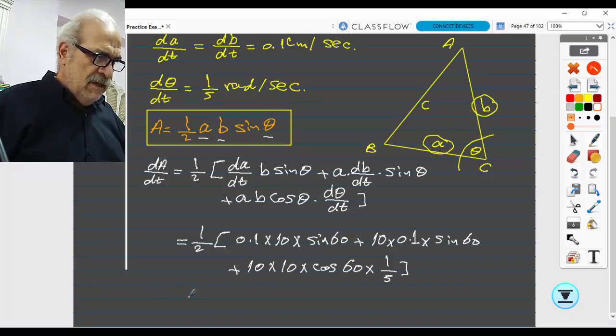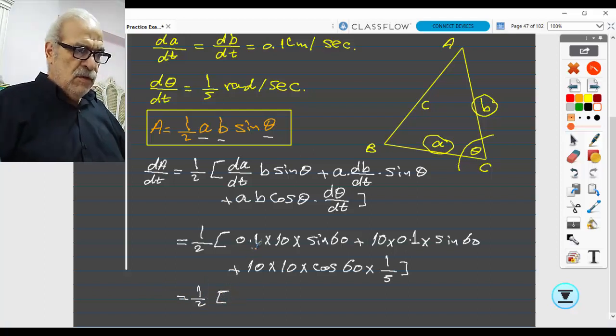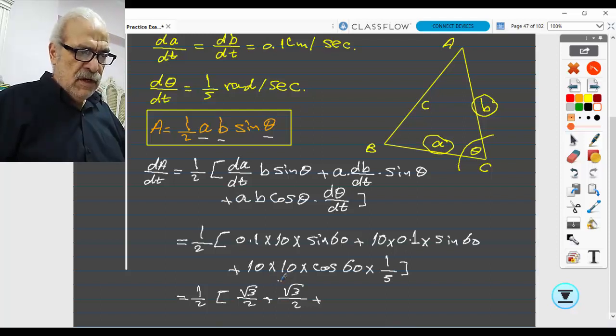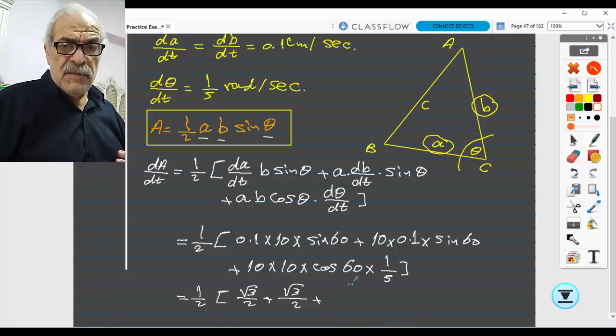So dA/dt equals half times 0.1 multiply 10 is 1, multiply sine 60, √3/2, plus 10 multiply 0.1 equals 1, multiply sine 60, another √3/2, plus 100. 10 multiply 10 equals 100. 100 multiply cosine 60.